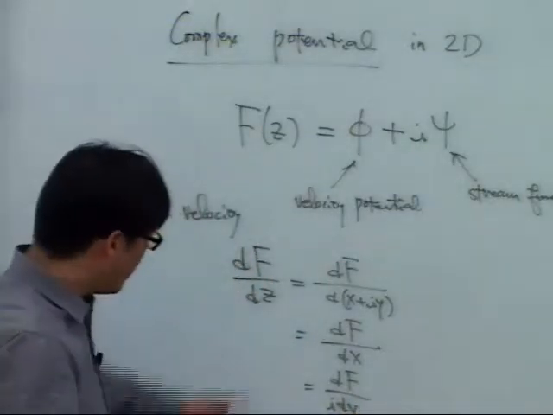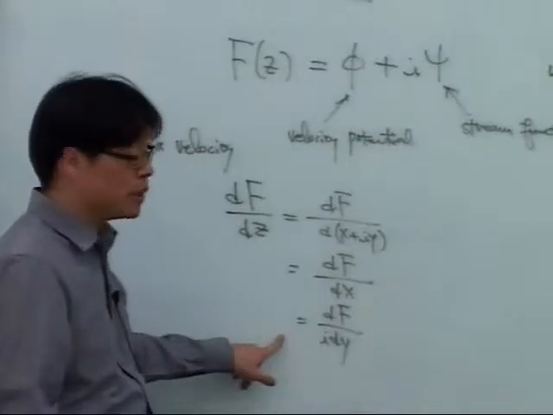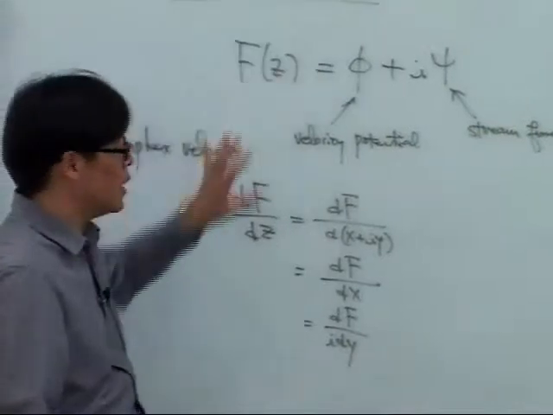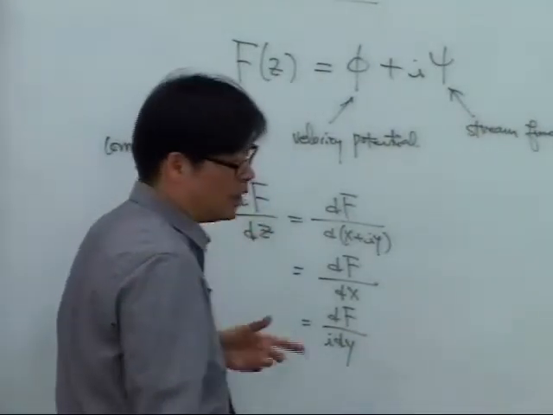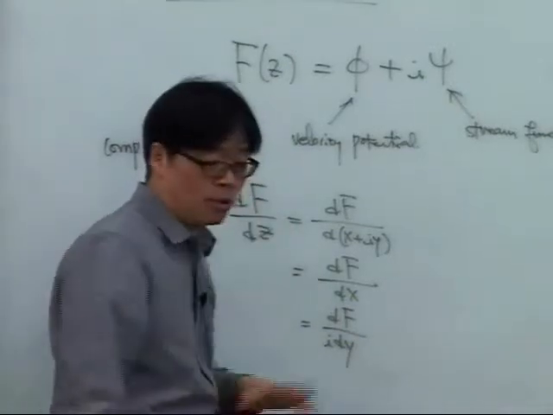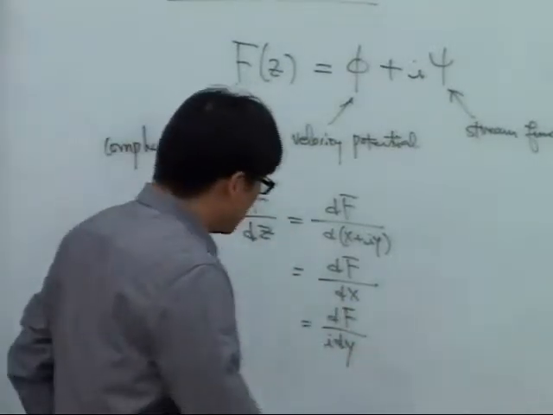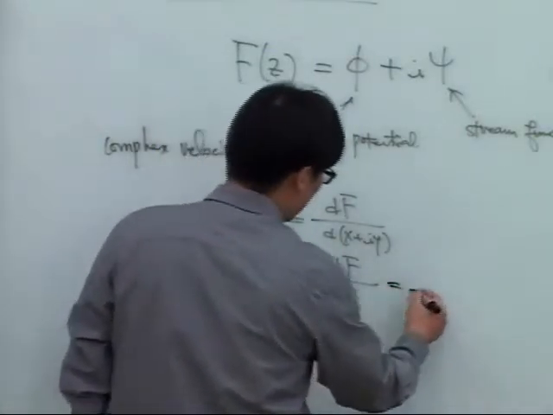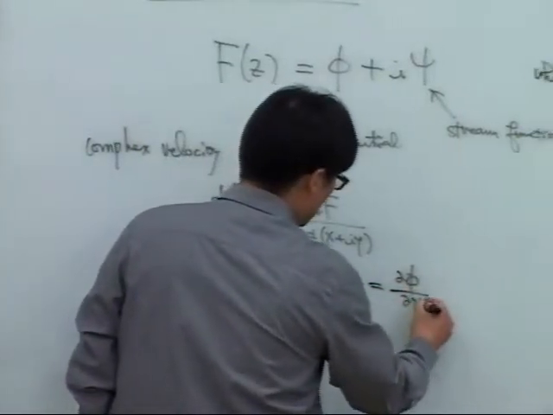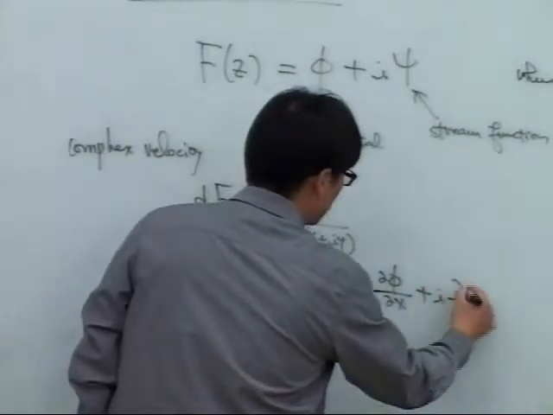They have to be the same all the time, because this function f has a very nice property, which is that it is analytic, meaning that f is bounded and so on. So when you take an x derivative of f, you will get d phi dx plus i d psi dx.